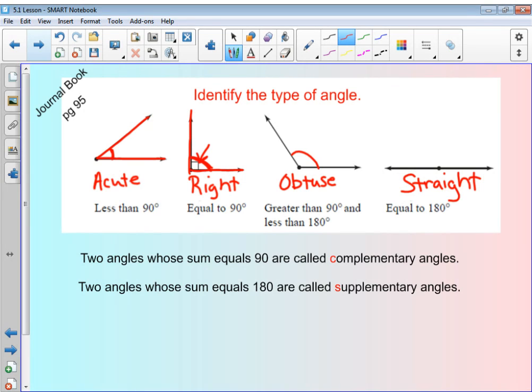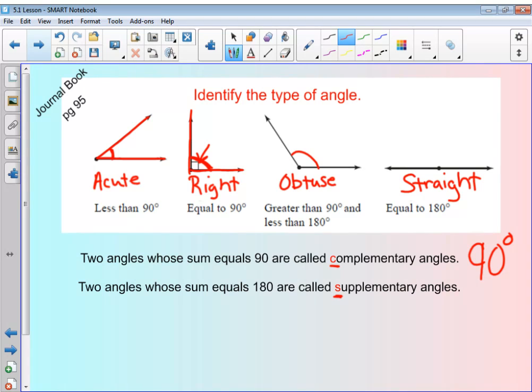Often when you're assessed, they assess you using the wording. So a little trick that I have tried to come up with is to look at the beginning letter of complementary and supplementary. Complementary starts with the letter C, and I remember that I can make a 9 out of that. So that's the one that is a 90-degree angle.